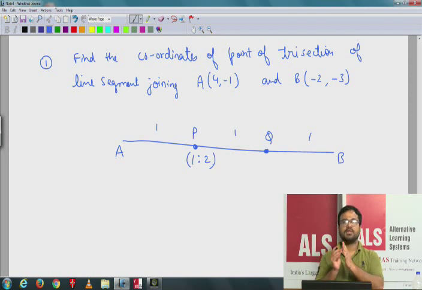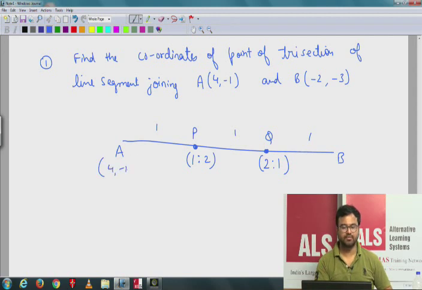Similarly, if you consider point Q, on the left side of Q you can see 2 parts, and on the right side of Q there is 1 part. So Q is dividing the line segment in the ratio of 2:1. So now for point P, you know the ratio.